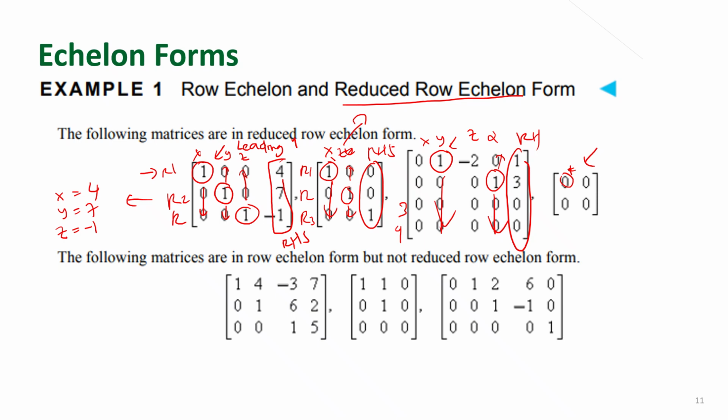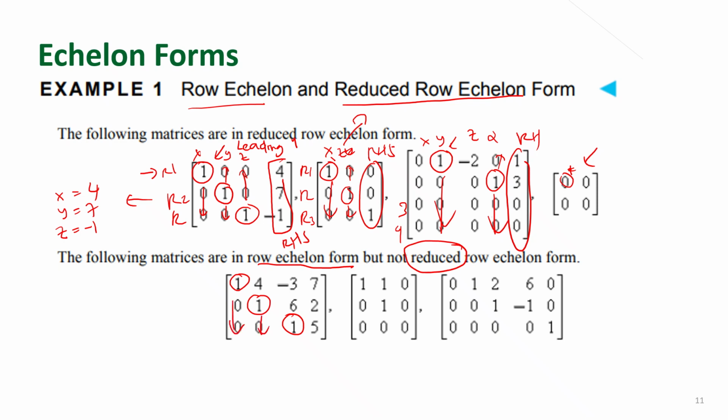Okay, now the other form that we need to know is called row echelon form. The difference between row echelon form and reduced row echelon form is that when you have the leading one, you only consider what is below it.